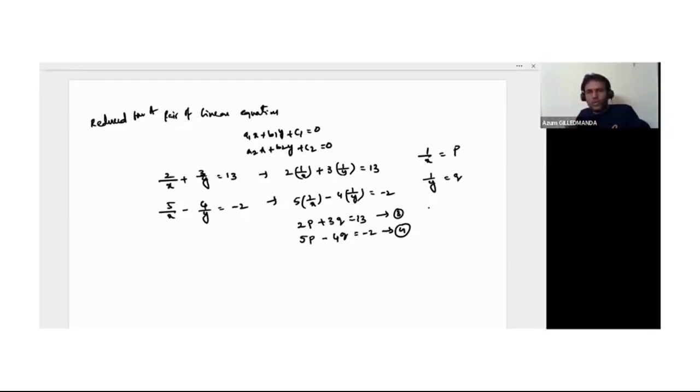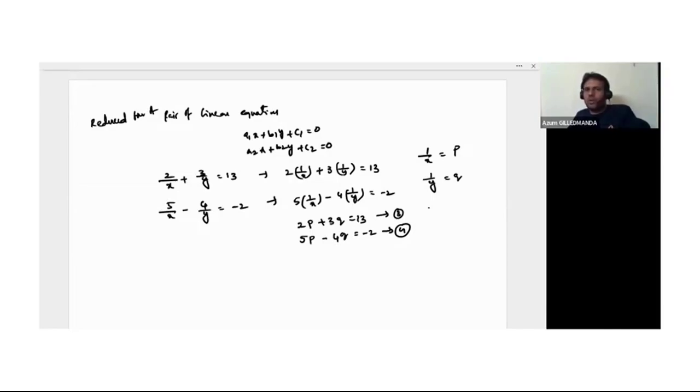Now, if I look at the new form of the equations, they're exactly matching the standard form. There it is x and y, here it is p and q. So 2p plus 3q equal to 13, 5p minus 4q equal to minus 2. In place of x and y, we just have p and q here. So you just follow your standard.